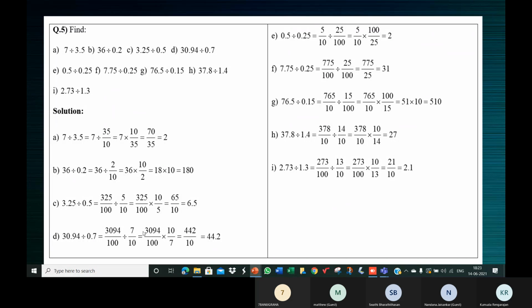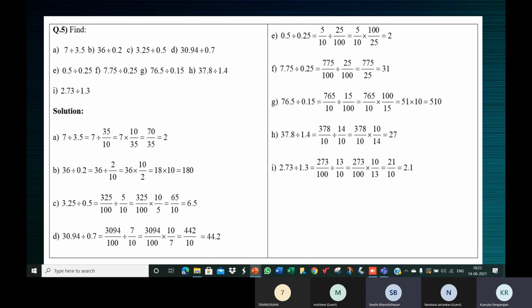Am I answering your question? So when you multiply the numerators, you'll get 30940 by 700, correct? Yes, ma'am. One 0 in the numerator and denominator will get cancelled. Then you will have 3094 by 70.